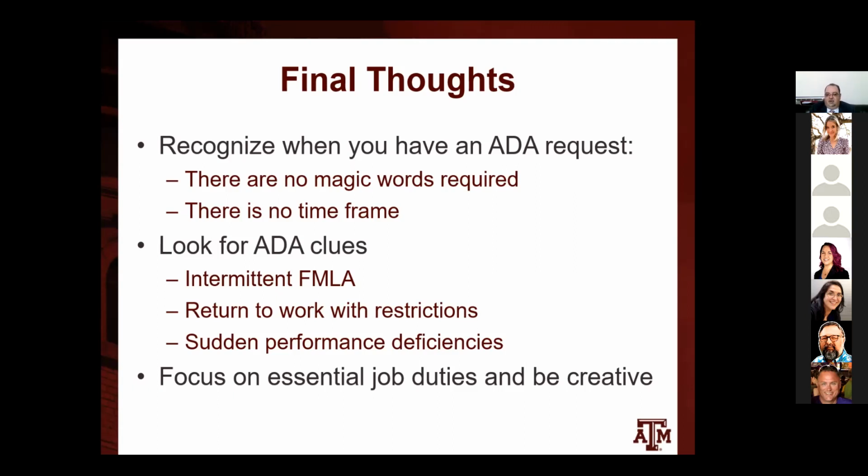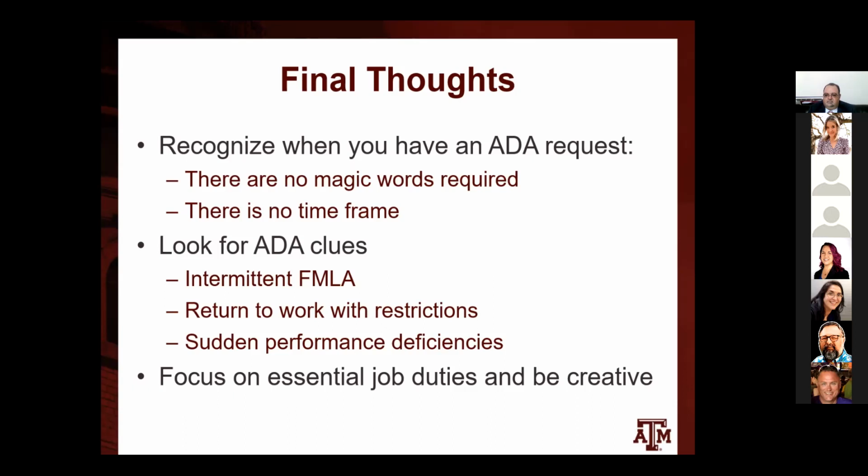Provide the documentation, listen to the issues, respond in a timely fashion. So I'd say it's a hard press for a supervisor to be out of compliance. The only time I can possibly think of is if you're refusing to undertake an interactive process or you're ignoring HR, but you would probably know that. So I'd say it would be difficult to do that as a supervisor in that role.